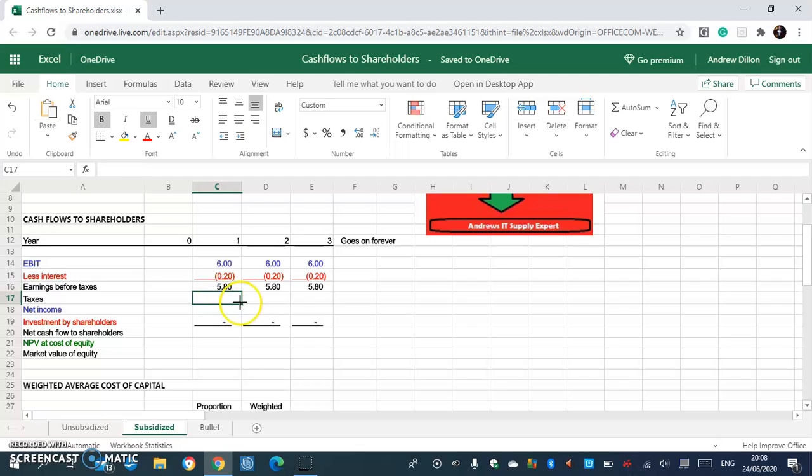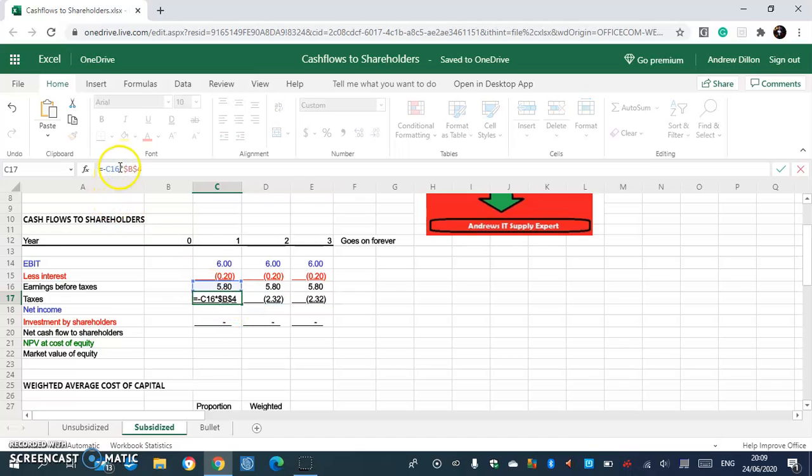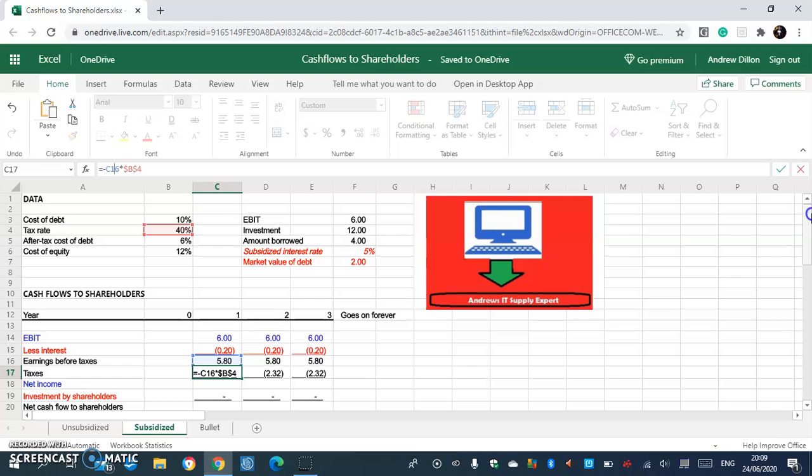Okay, let's find the answer for taxes. It's correct. C16, then that's multiplied by $B4, which is the tax rate of 40%.